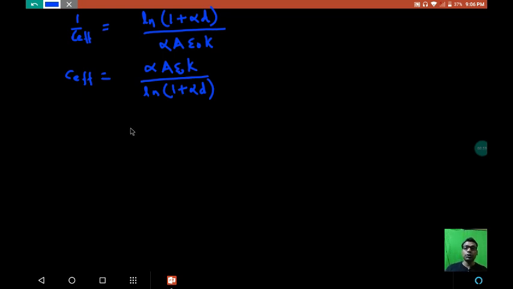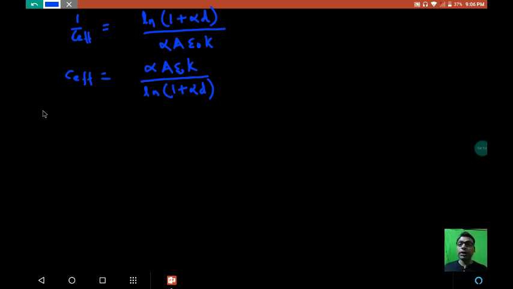Now the question has asked for the capacitance. This is the expression, but we don't find it in the options. So what next? Now the difficulty arises. That is why we are saying the problem is a little bit difficult.